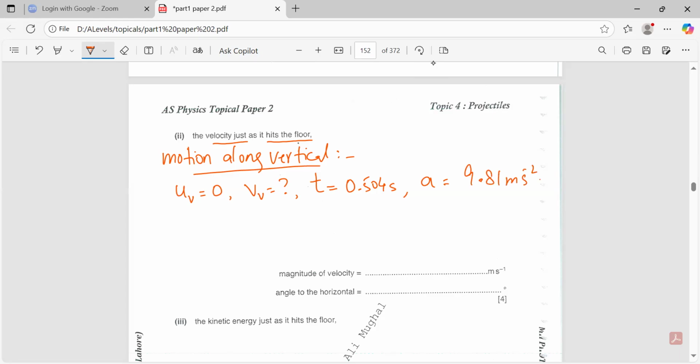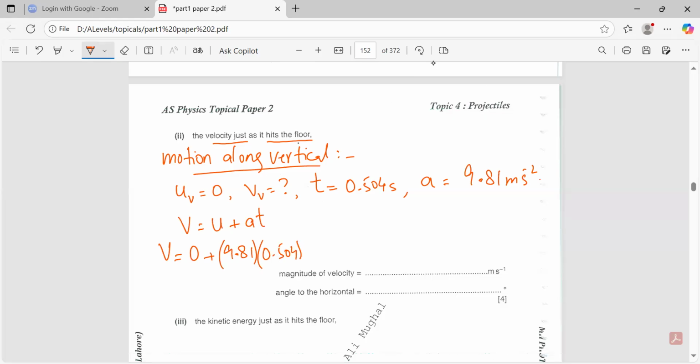So using the relation v is equal to u plus at, we need the vertical velocity v. Our initial velocity will be 0, acceleration will be 9.81, and time, which we found previously, was 0.504.